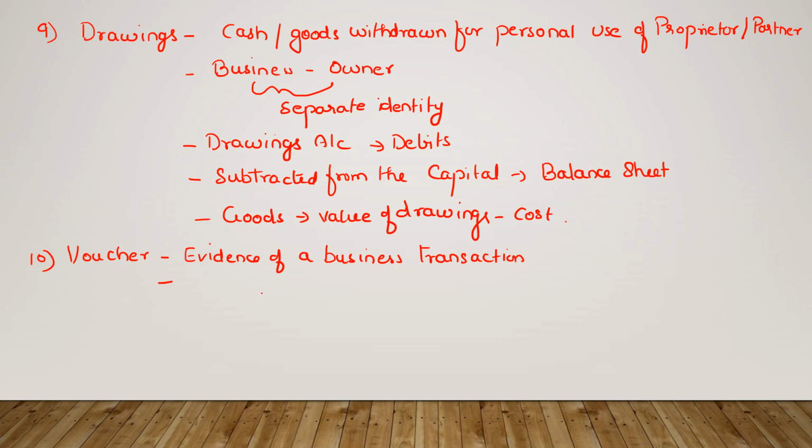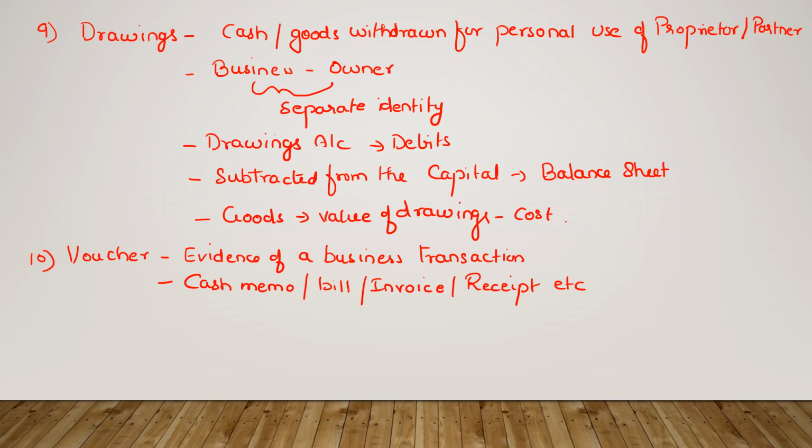You will find these vouchers in different forms. When you go to buy something, you ask for the bill. The different terms used are bill, cash memo, invoice, or even receipt. These are the different terms for what we normally call a bill.